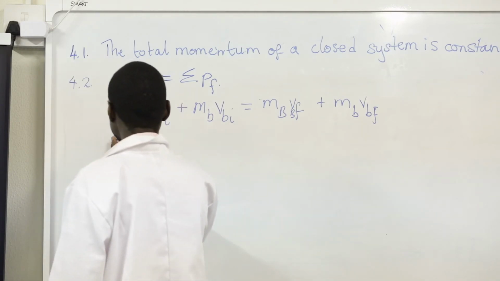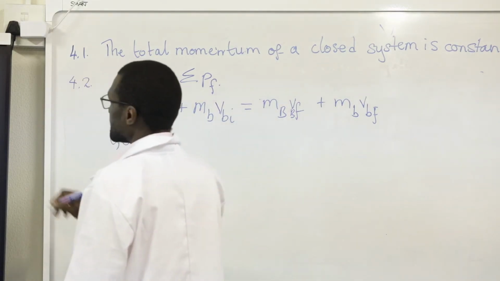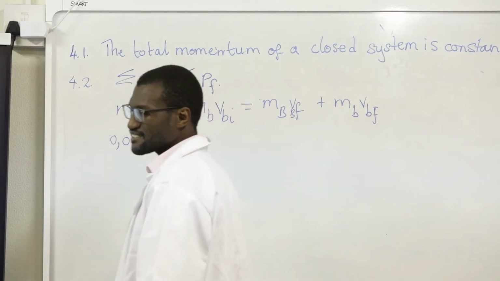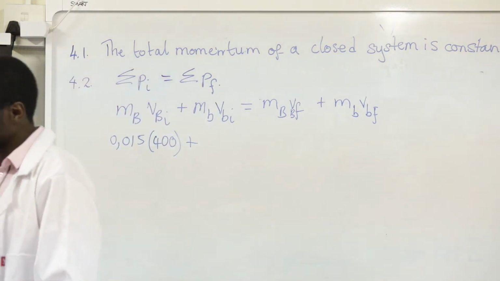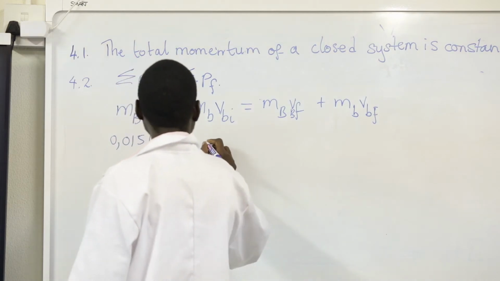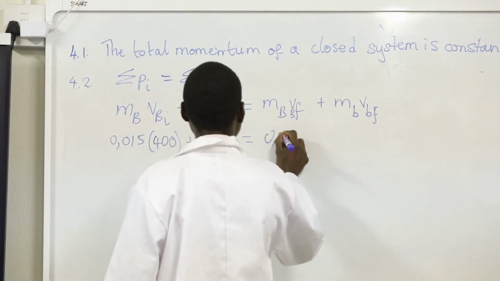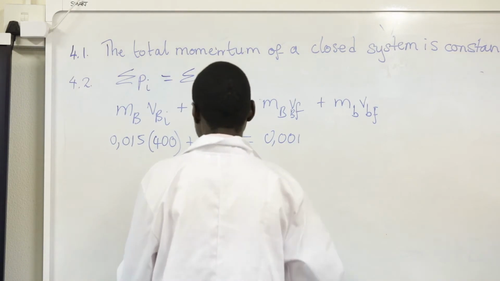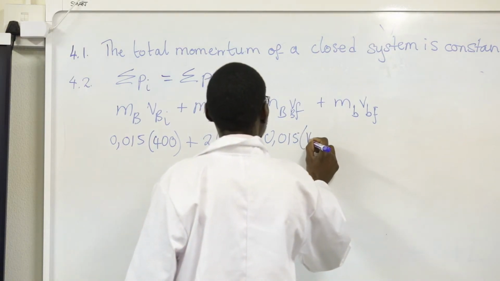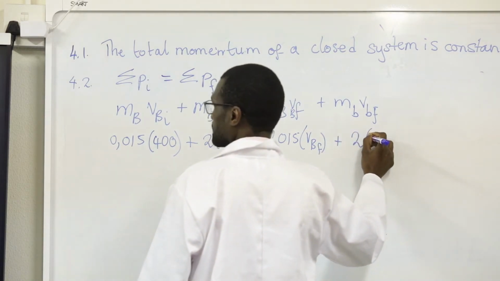We are given mass of bullet as being 0.015 times the velocity before, which is 400, plus the mass of the block, which is 2 kg, and its initial velocity is 0, is equal to 0.015 multiplied by VB final plus 2 times 0.7.